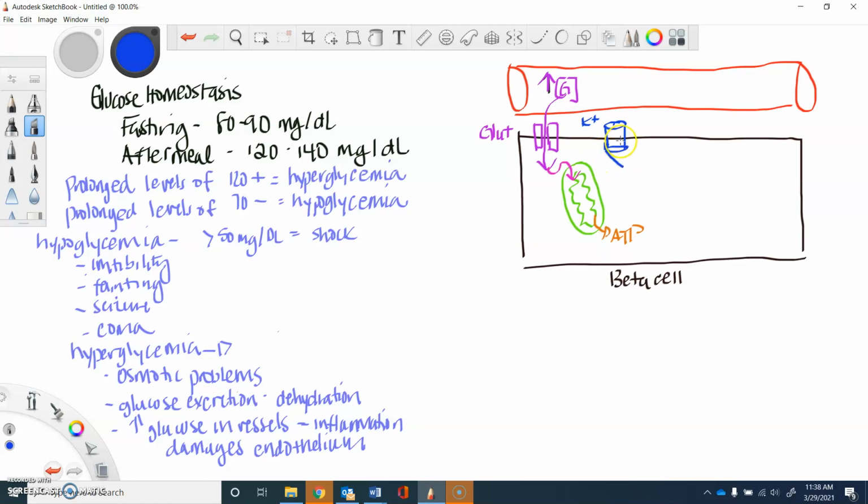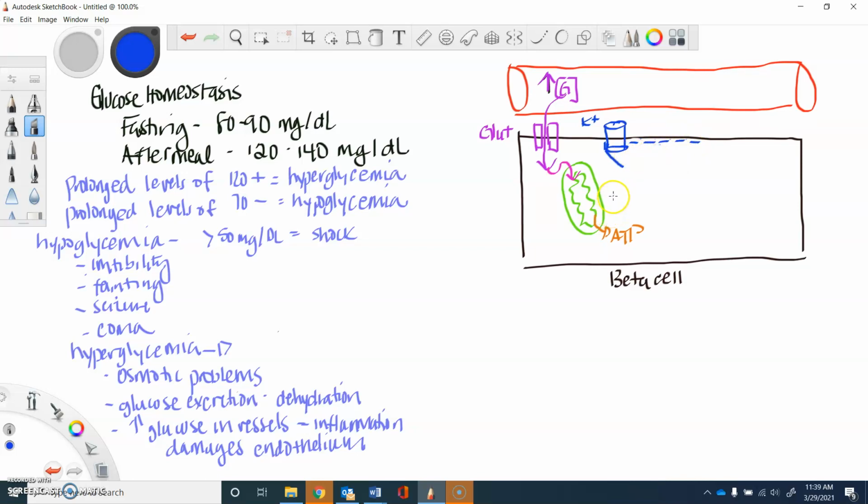So they have this little door on them, and it's normally open. So normally potassium is leaving the cell, right? And as potassium's leaving the cell, the inside of the membrane is negative.